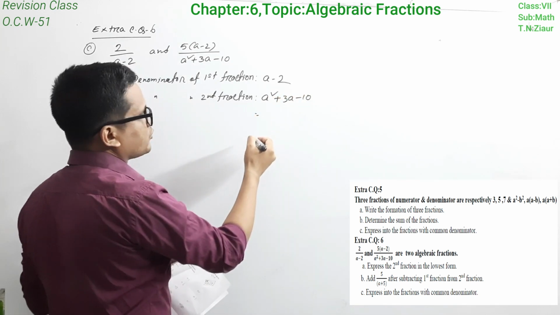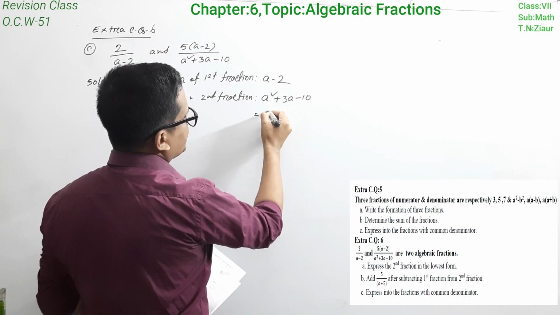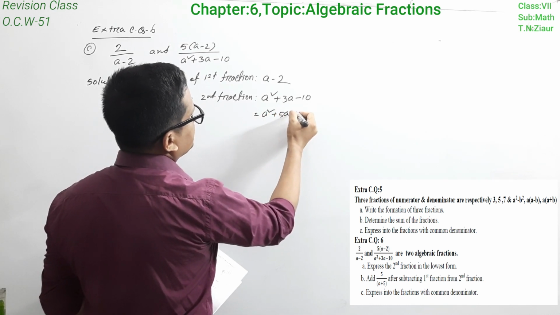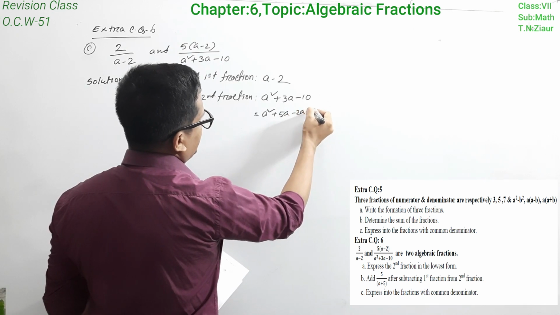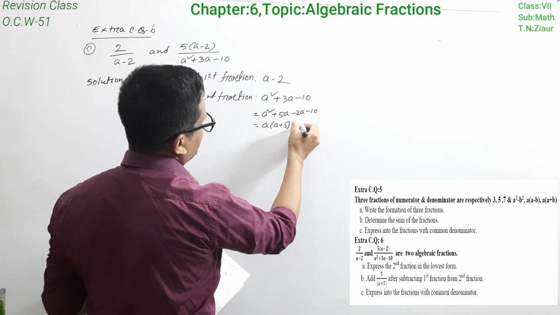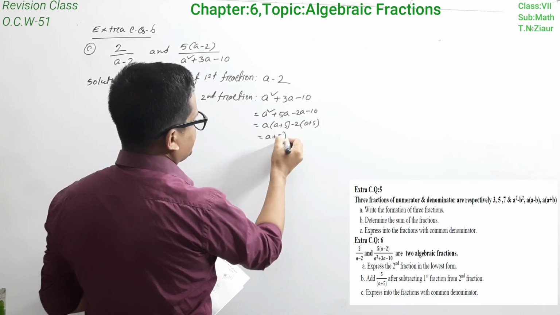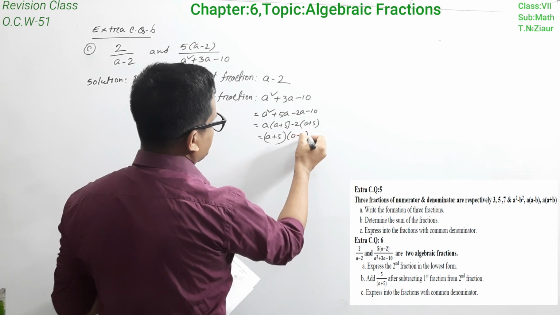Students, you have already got this factorization, right? Factor of this expression: a square plus 5a minus 2a minus 10. So take common a plus 5 and minus 2 common, a plus 5. So it will be a plus 5 into a minus 2.